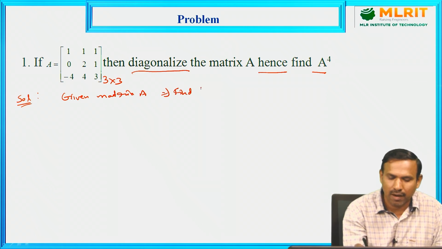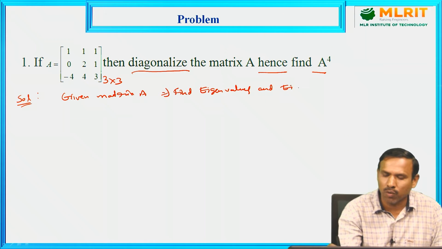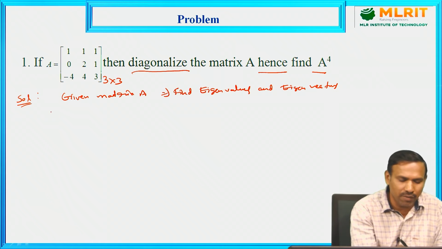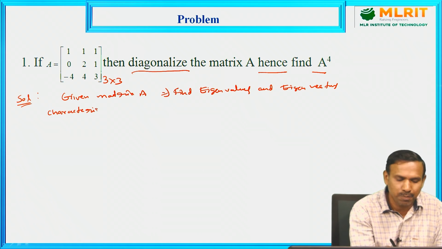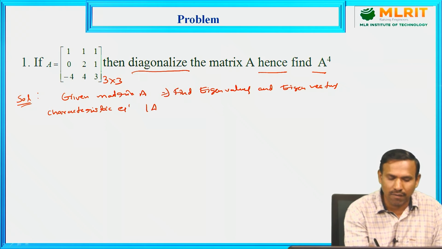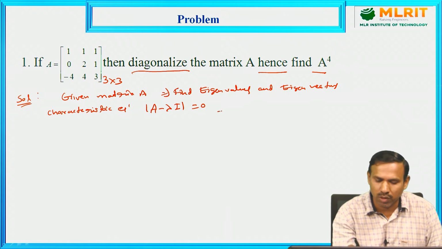Since we know how to find eigenvalues and eigenvectors, that we will do with the characteristic equation, we know very well. What is the characteristic equation? Det of A minus lambda I is equal to 0. This is the characteristic equation. We know very well how to do that.